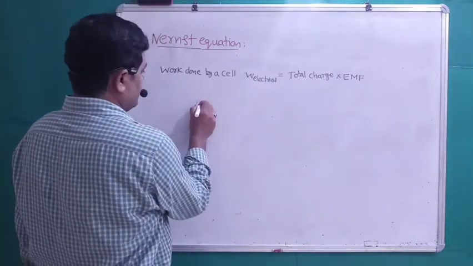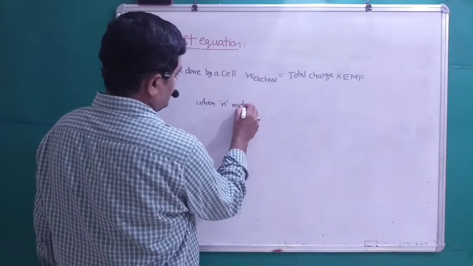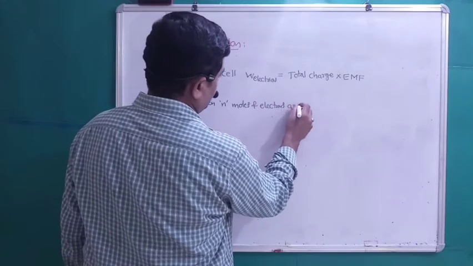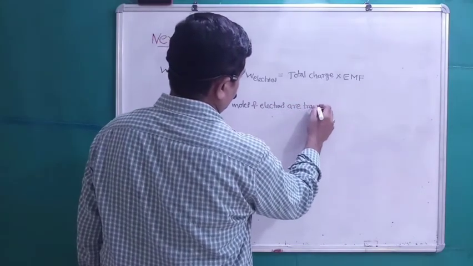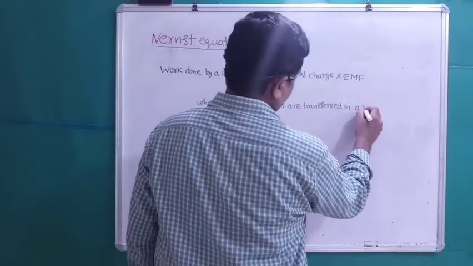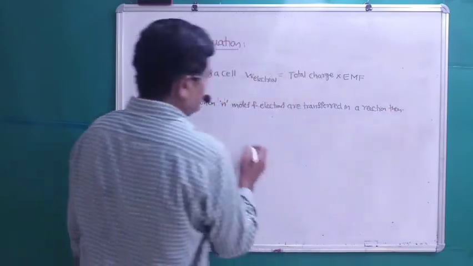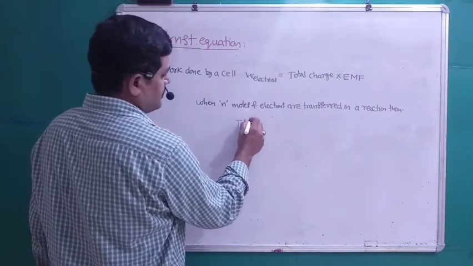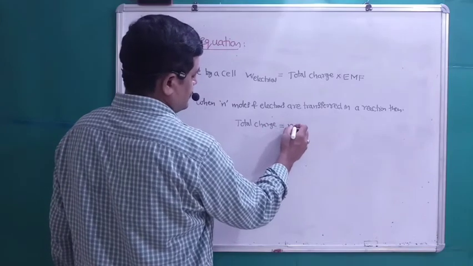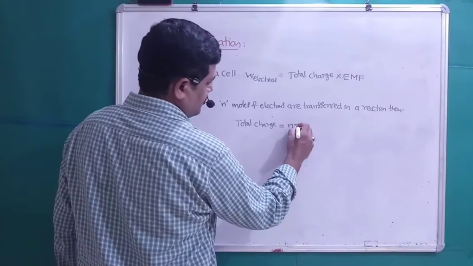So when n moles of electrons are transferred in a reaction, then total charge is equal to n multiplied by F, Faraday.